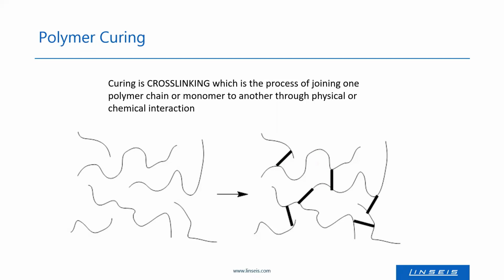The amount of these links between the polymer chains is important for the material properties, for example the mechanical properties or adhesive properties and so on. The degree of cure is a measure for the number of the crosslinks, and we can measure that. We will see later on.